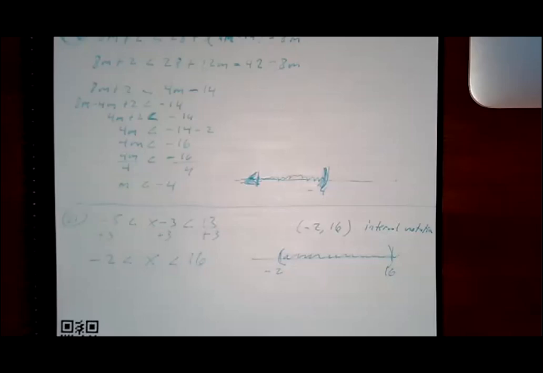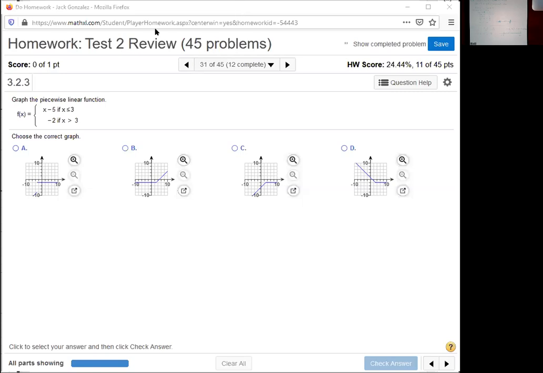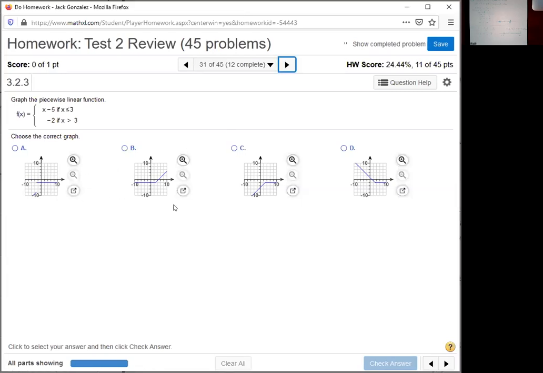So let's look at the pictures. Here are my 3 pictures. So it should start from below, right, we said? And it connects. This one has it backwards. So this one's first, and then this one connects. But it doesn't make sense because -2 begins when x is greater than 3.